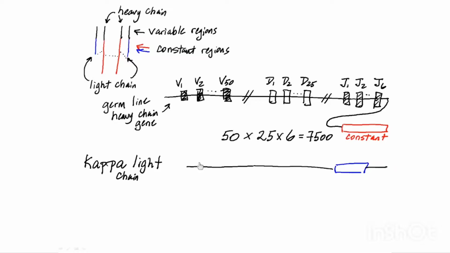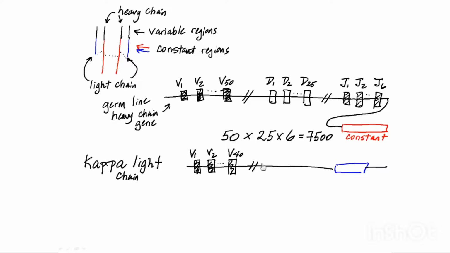And so we have a number of V regions in the kappa light chain. V1, V2, dot, dot, dot. In the kappa light chain in humans anyway, there are about 40 of these.